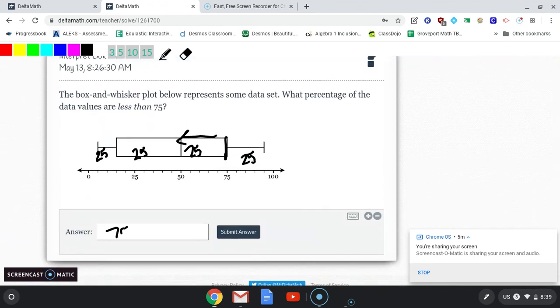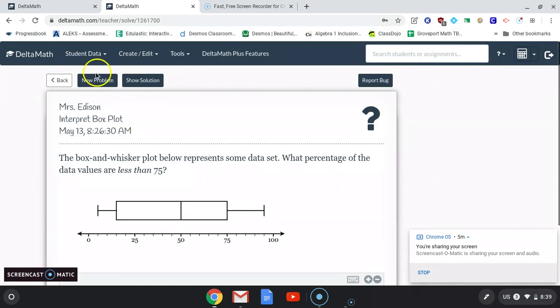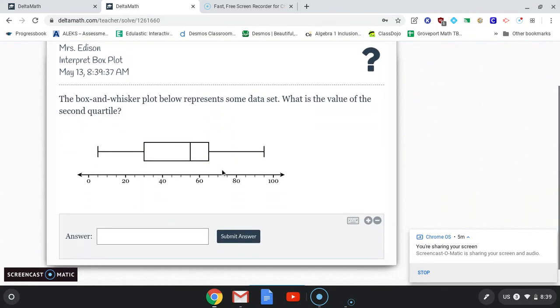Let's try another problem because I want to show more of these problems because they ask for different things. What is the value of the second quartile? So here's the first quartile. Here's the second quartile.